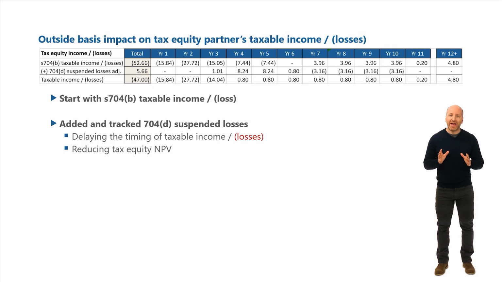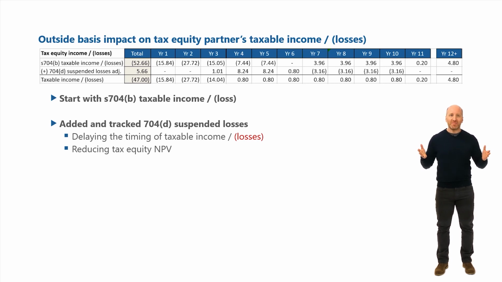Now, you may see a pattern in the numbers on the screen too. We have losses until year 3, after which taxable income is the $0.8 million, the value of the cash distribution received. And this is because we're removing all of the losses from the capital account into the suspended losses account. We'll then be using all of that positive income to reduce the suspended losses, offsetting one by the other.